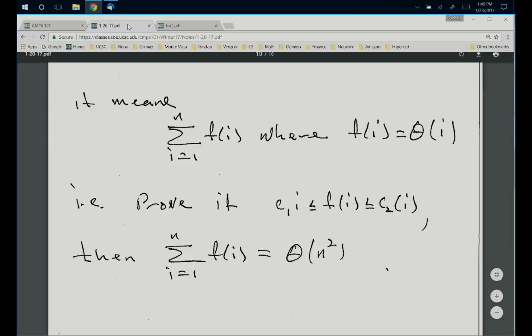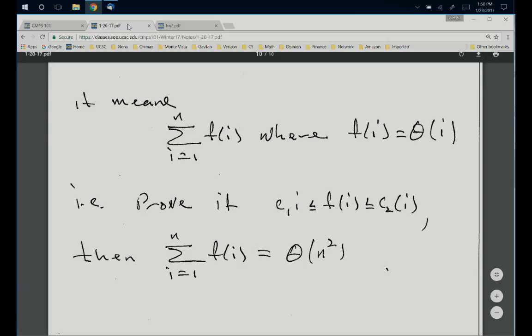Okay, definition 5. Little omega g of n is the set of functions f of n satisfying for all c greater than 0, there exists n naught greater than 0 such that for all n greater than or equal to n naught, 0 less than or equal to c times g of n strictly less than f of n.